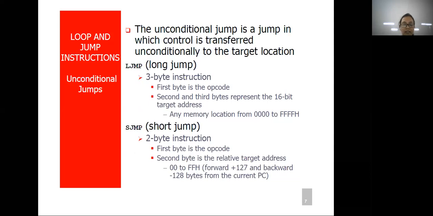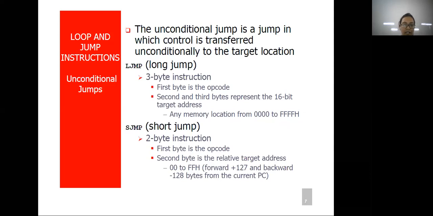The first unconditional jump instruction is LJMP, long jump. This is a 3-byte instruction. The first byte is the opcode, and the second and third bytes are the target address specified. Why is this called long jump? Because here the target address is of large size, a 16-bit address.